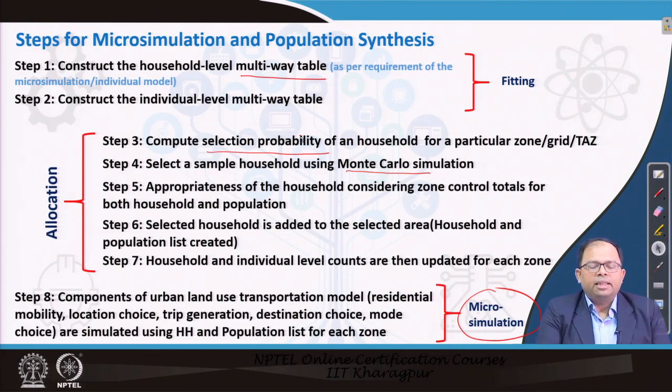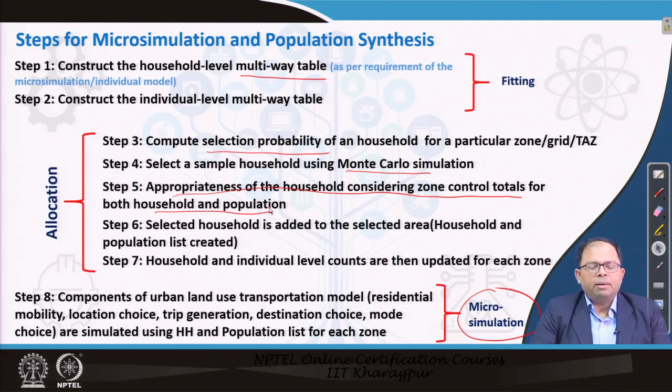And then we also need to determine the appropriateness of that household, considering zone control totals for both households and population. That means, once we select a sample, we need to check whether this group that we are selecting is consistent with the control totals for that particular zone, and we need to check both for the household and for the population.